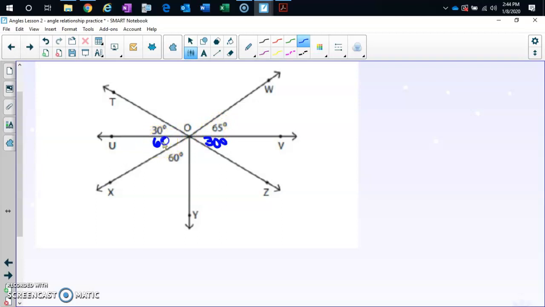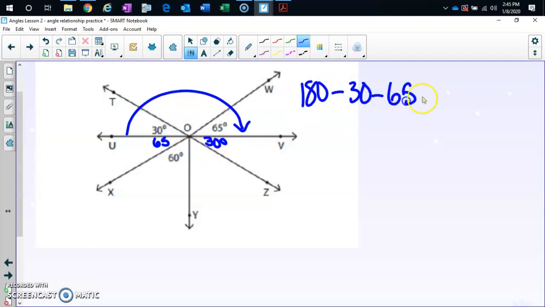That is also 65. Now, these three angles add up to 180. So I can do 180 minus 30 minus 65 equals 85 degrees. This angle is 85 degrees.